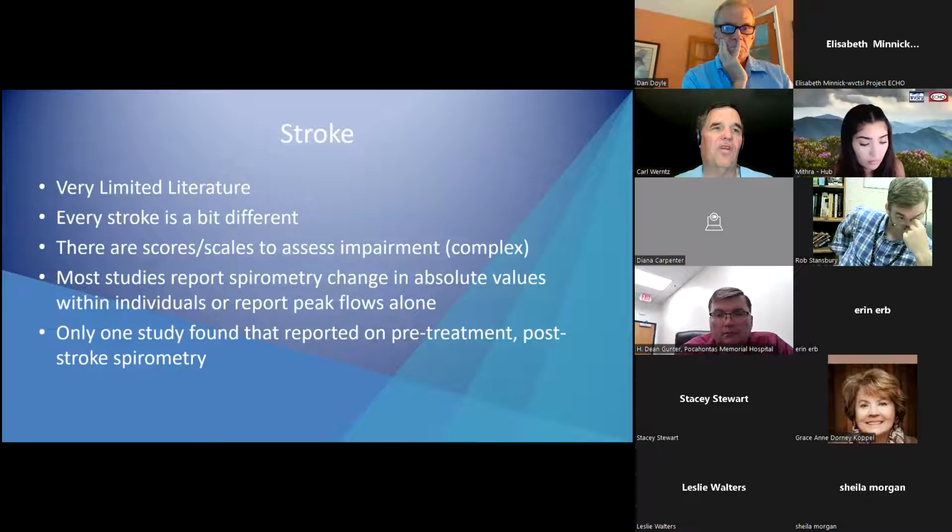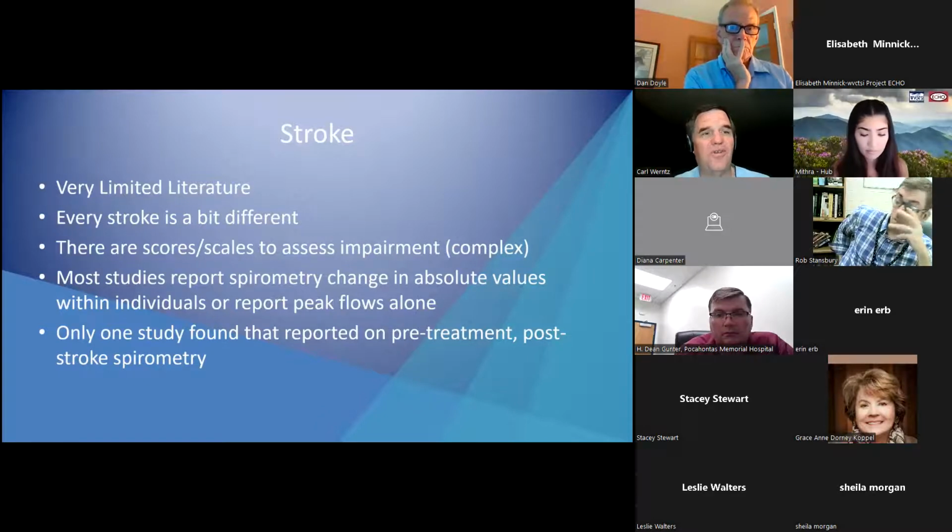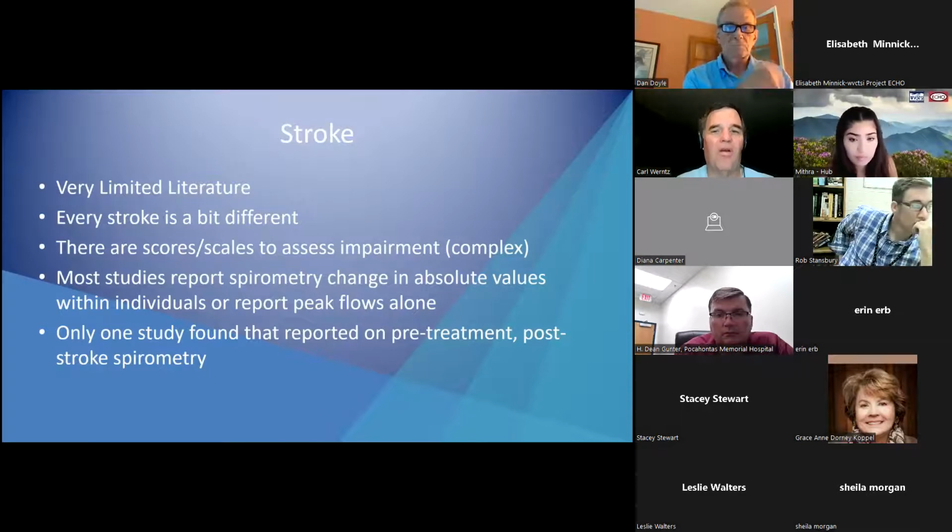They never gave actual values. They would say the mean pre-treatment FVC for our 25 subjects was 3.2 liters, and after we did our procedure, the mean improved to 3.65 liters. So it didn't give you a number you could compare to normals.